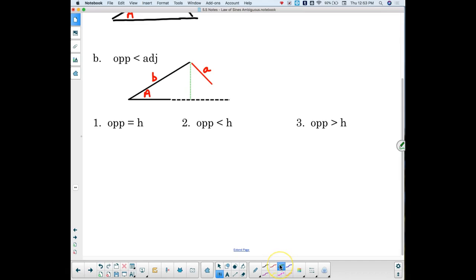And in here, this is the height of the triangle, we'll call it H. If A is equal to H, what basically happens is this side comes to here, and I have a right triangle, and I use right triangle trig.